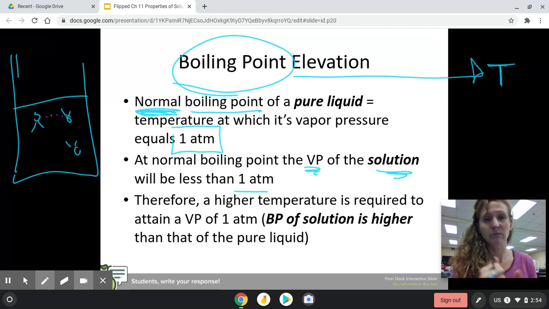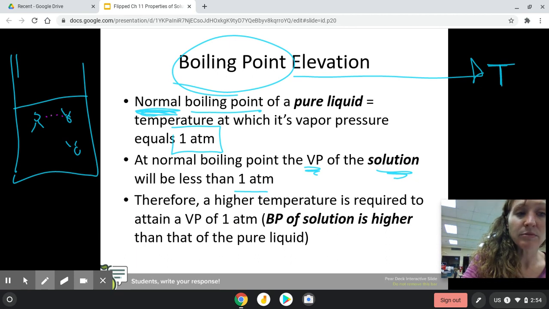The technical term for that attraction between two molecules is an intermolecular force. And once we talk through bonding, we'll have a whole chapter on intermolecular force. So for now, the molecules in a liquid like water have an attraction for each other, which is why they're a liquid.